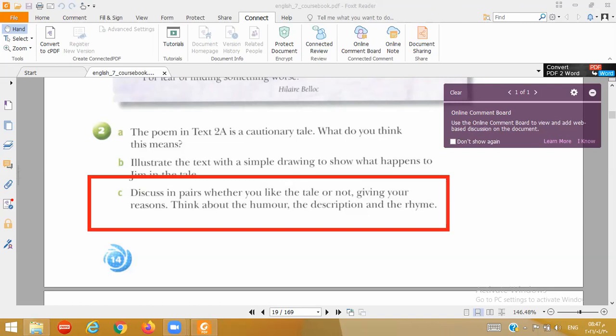Nurai, he is asking you, do you like the story or not? Yes. Why? Why do you like it? Give reasons. You must give reasons.